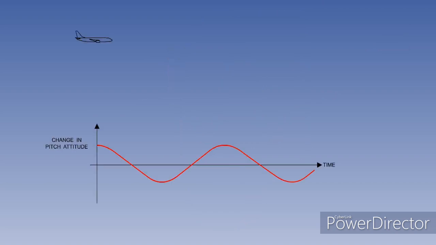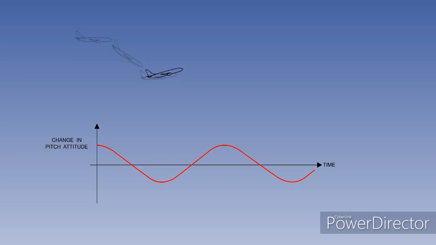Longitudinal dynamic stability concerns the variation of displacement with time following a disturbance. Longitudinal dynamic stability consists of two basic types of oscillation: long-period oscillation, the phugoid, and short-period oscillation. We will consider the long-period oscillation, the phugoid, first.